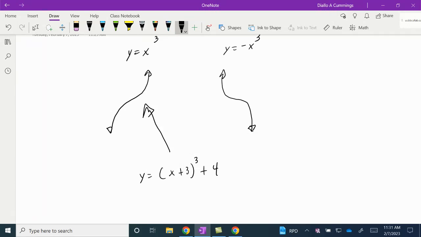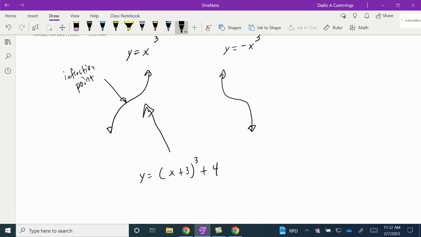Also, when we take a look at cubic functions, we have what is called an inflection point. An inflection point is where the graph changes from either concave up to concave down, or from concave down to concave up.